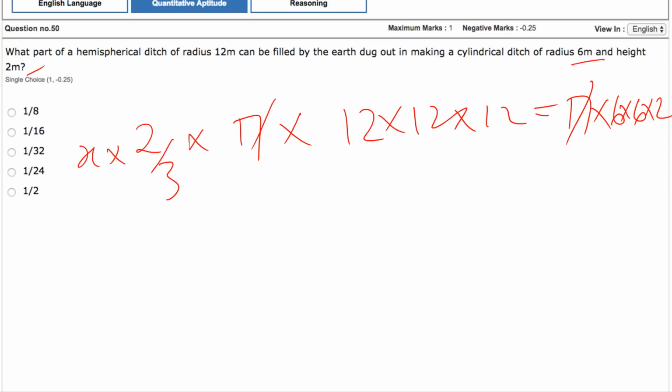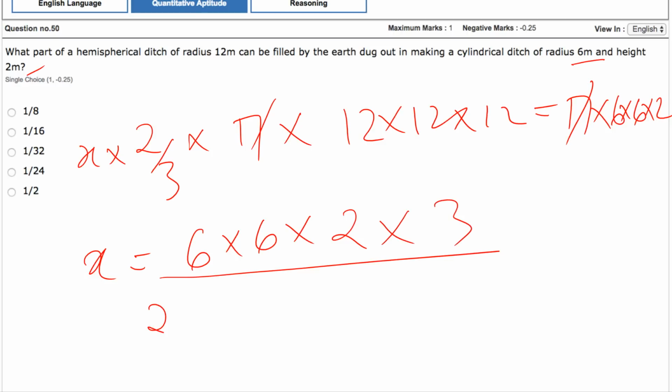Pi cancels. Now this x will be equal to, the 3 will go up, so 6 into 6 into 2, and this is pi r square h. I hope this is clear. So this is 2 into 2 into 3, which is 3 6s here, down here 12. I have purposely done this.